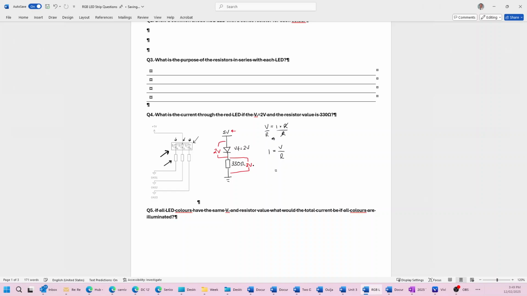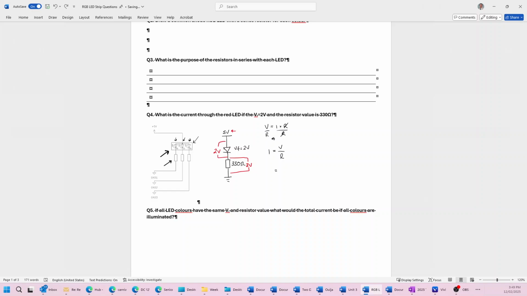Now, importantly, we need to use 3 volts here because our current is determined by this voltage over this resistance. The reason that we don't use 5 volts is because this diode here requires 2 volts, or it has to have 2 volts dropped across it in order for it to start conducting.